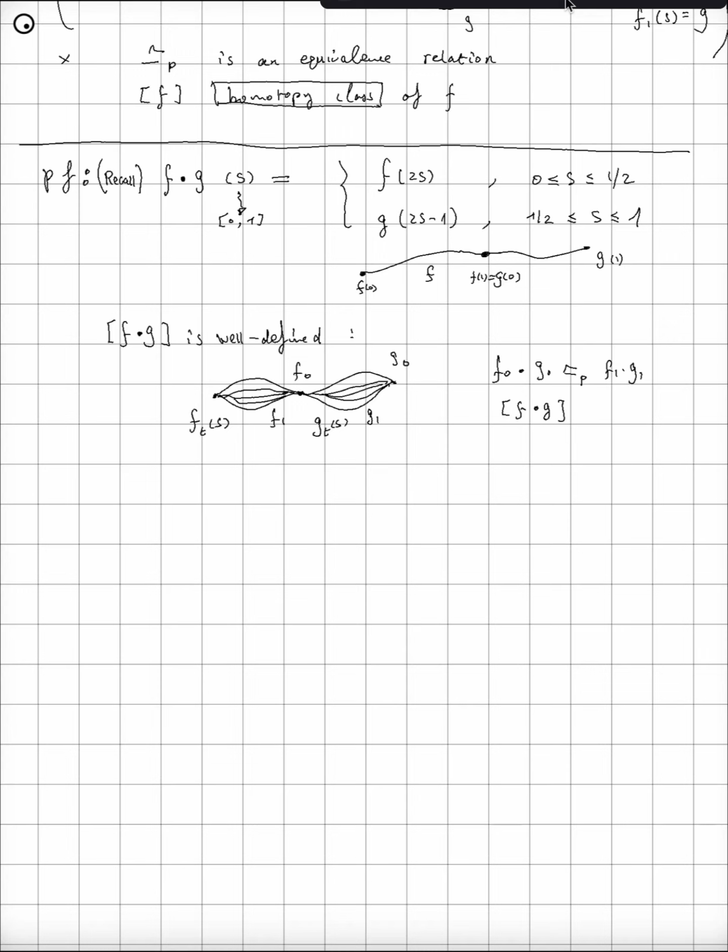So just notice that for any fixed t, the concatenation of F_t with G_t forms a new continuous family connecting F0 concatenation G0 with F1 concatenation with G1.